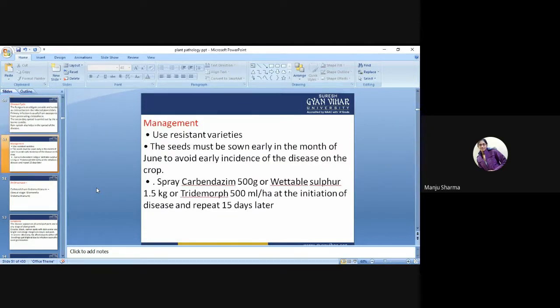Management: use resistant varieties. The seed must be sown early in the month of June to avoid early incidence of the disease on the crop.